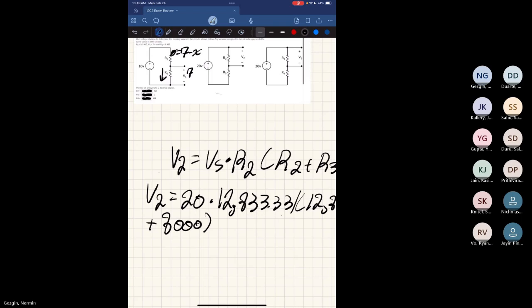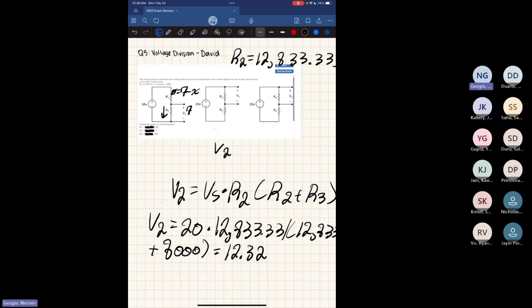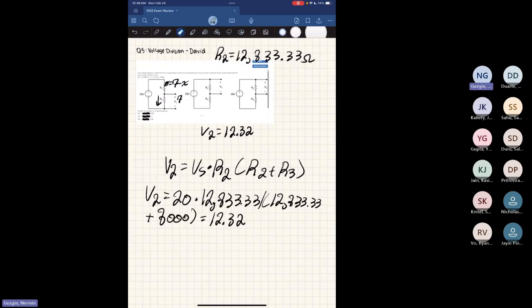Now you just put those numbers in, which gives you the value of 12.32 for V2. So V2 is equal to 12.32. So now that we know V2, we can go to the next step.